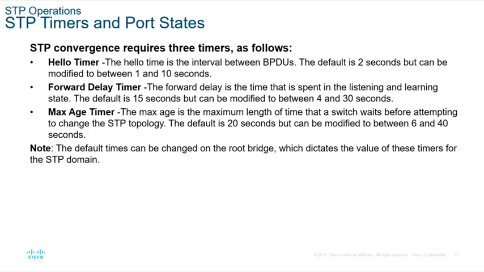You get it? Even if the root bridge switch is down, the other switch is not going to take over immediately. It has to wait and confirm that this is down, and then it takes over.